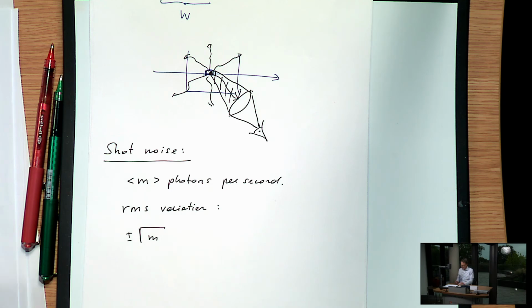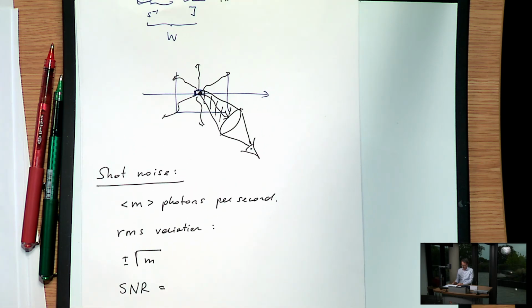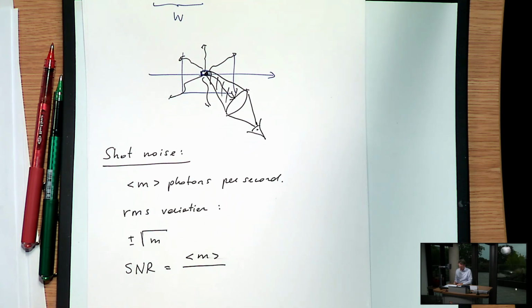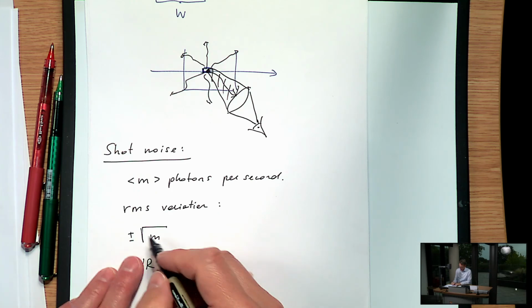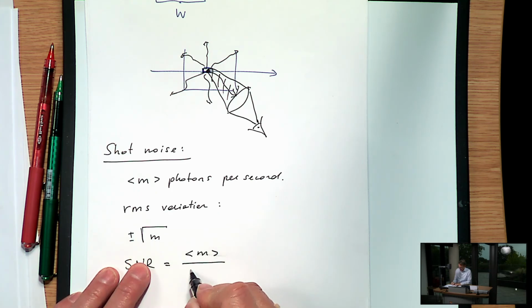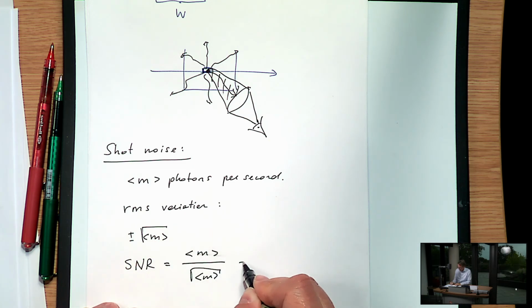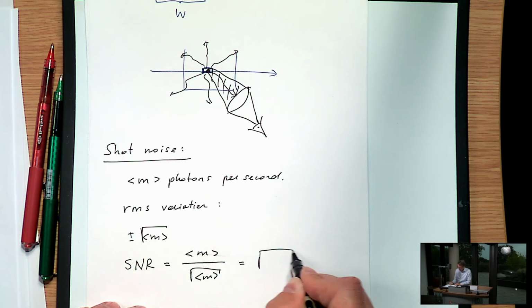And so that means that the signal to noise ratio is given by the signal, which is m, the average number of photons, divided by the noise, and that is given by the square root of m. And that is then, therefore, the square root of m.